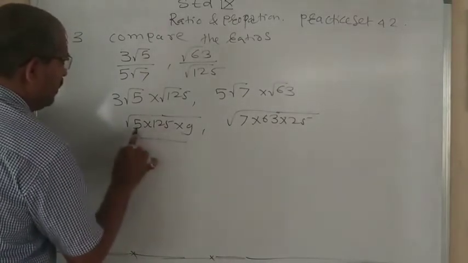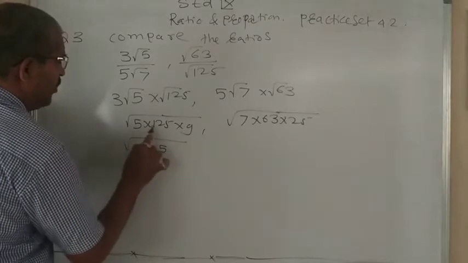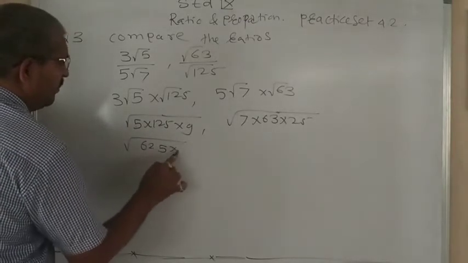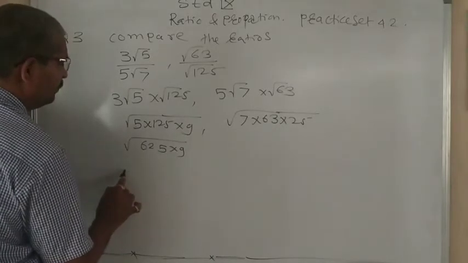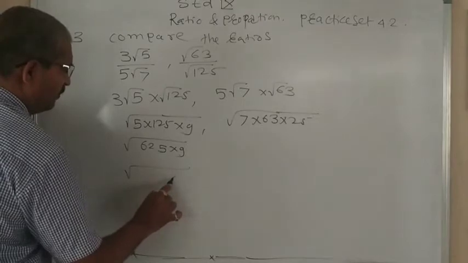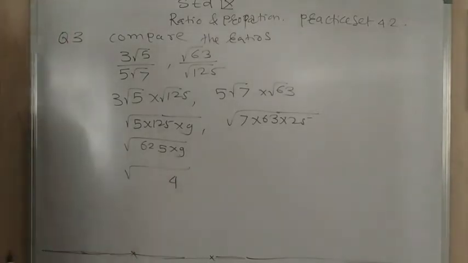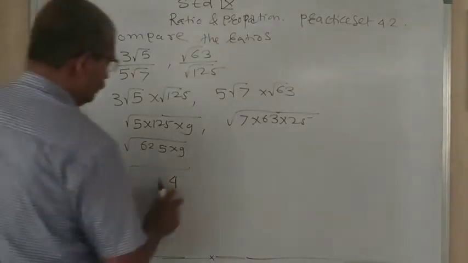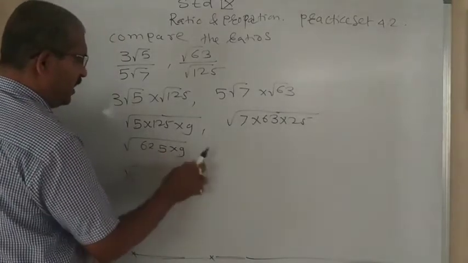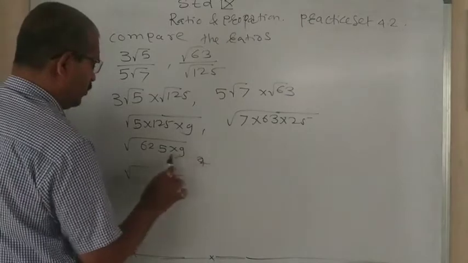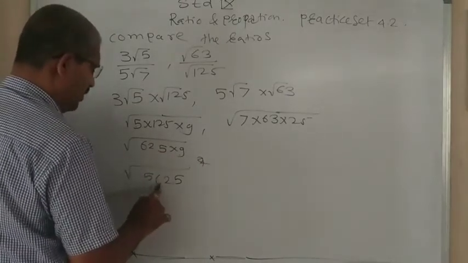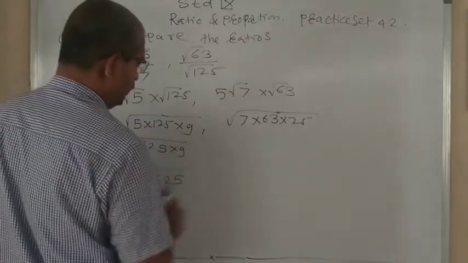125, 5 5s are 25, carry 2, 12 5s are 60, so 625 into 9. Now 9 5s are 45, carry 4, 9 2s are 18, 18 and 4 is 22, carry 2, 9 6s are 54, 54 and 2 is 56, so 5625.